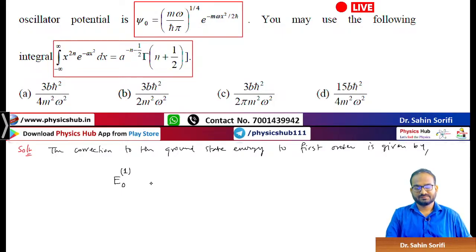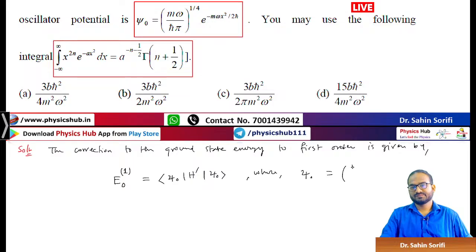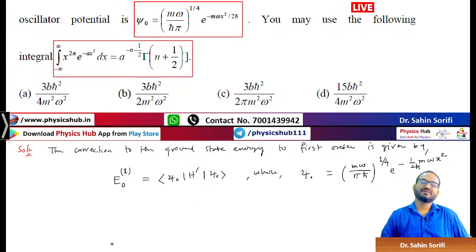The formula is E0 first order equals psi 0, H prime, psi 0, as simple as that, where psi 0 is (m omega by pi h cut) to the power 1 by 4 e to the power minus m omega x square by 2 h cut.